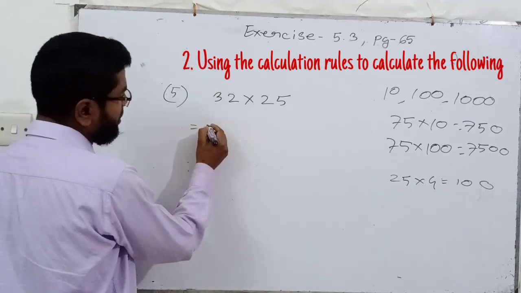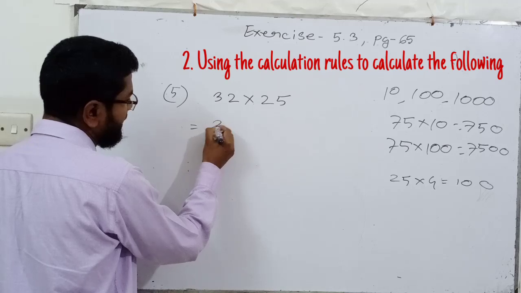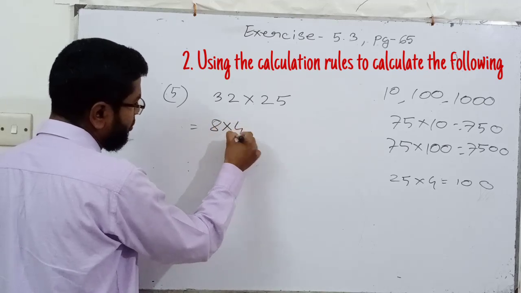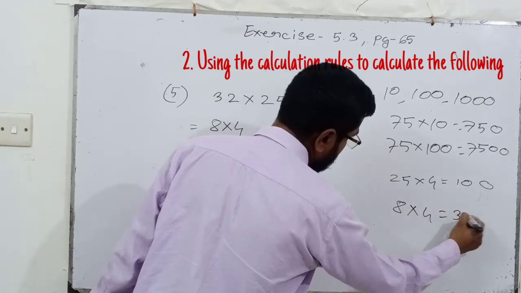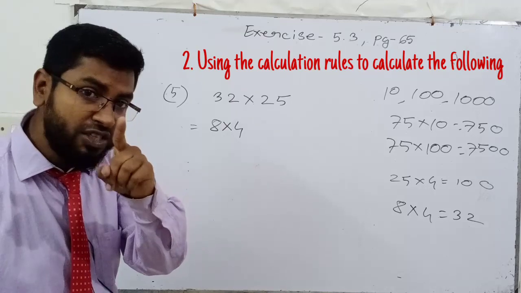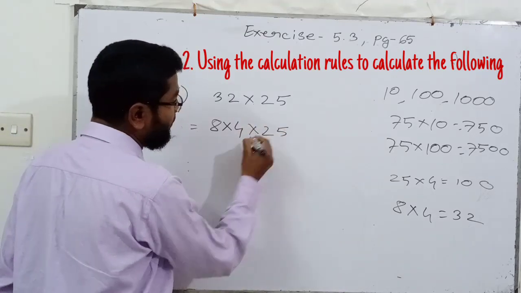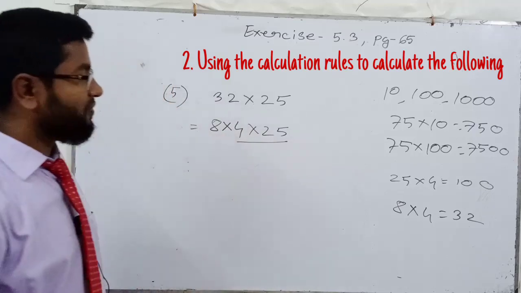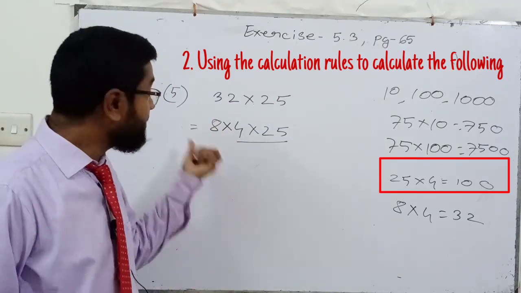Instead of 32 I will write 8 multiply 4, because 8 multiply 4 is 32. Why have I written this? Please follow, you will understand. Then 4 multiply 25, we know this is 100. For that reason I prepared it.